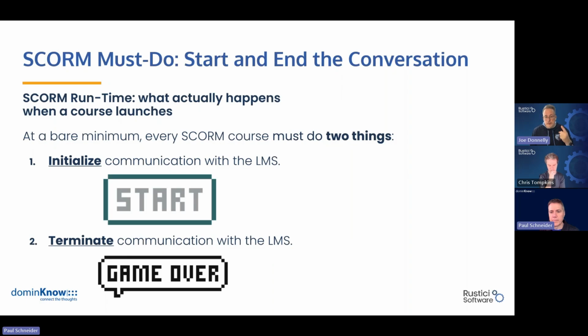It has to initialize communication with the LMS, so it has to pick up the phone and say hello, and it has to terminate communication, hang up the phone. Those are the only two things it must do for SCORM communication to happen. Everything else it does, what we're going to talk about on the next slide, is gravy, if you will. It can happen, but these two things have to happen in order to have good, solid SCORM communication.